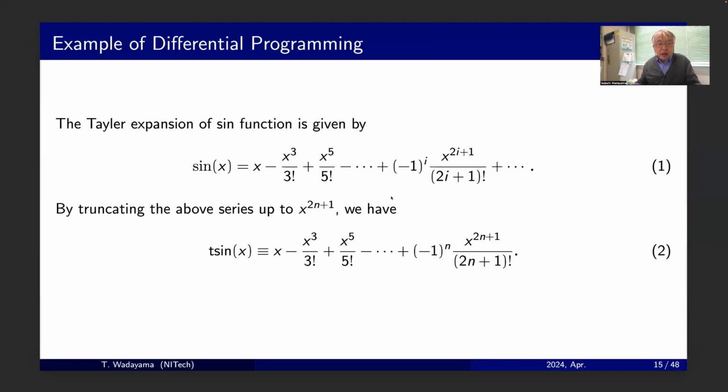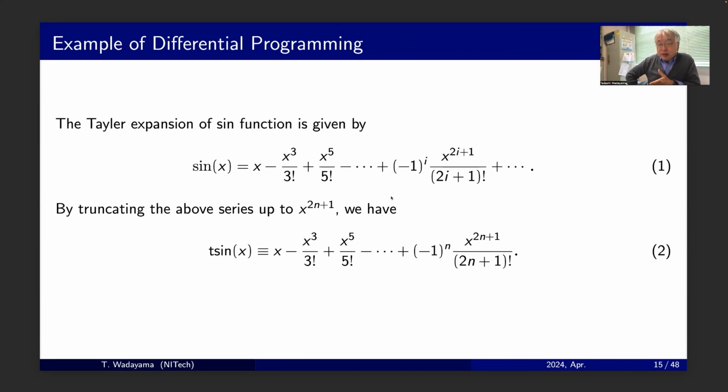Okay, now we'd like to look at a very simple example. The sine function, you know the sine function. The sine function can be represented by an infinite series in equation 1. This is just a Taylor expansion or Maclaurin expansion of the sine function.